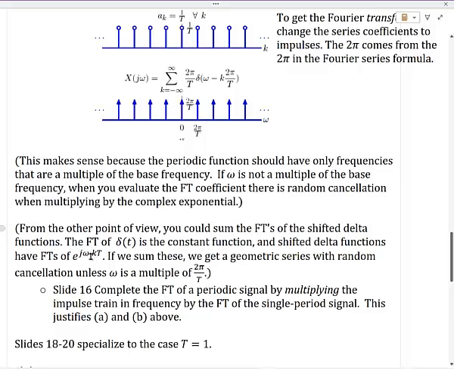And that geometric series, if you think about it, the omega is going to go round and round the circle, and these values are going to cancel unless omega is a multiple of 2 pi over T, in which case you're just going to get 1 for each term, and then you get an infinite sum. So that makes sense that the Fourier transform is going to be 0 unless omega is a multiple of 2 pi over T.